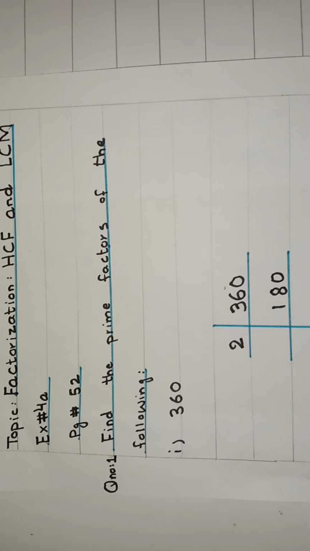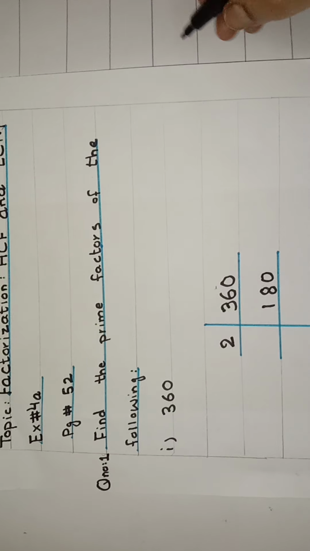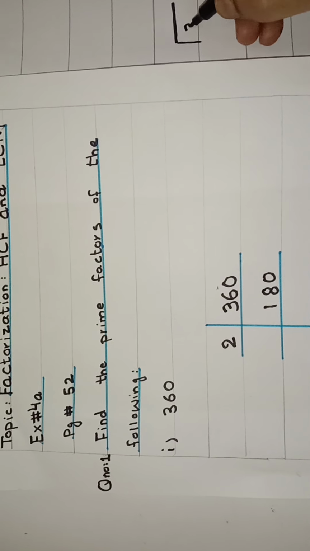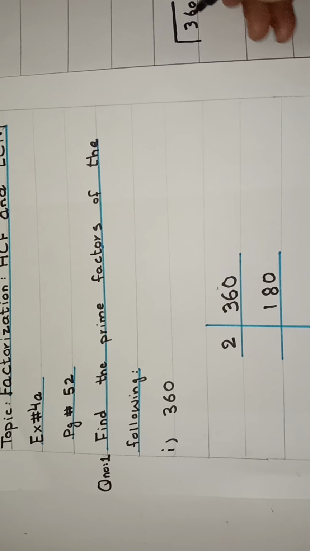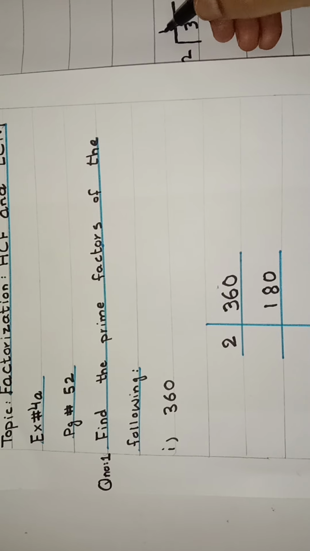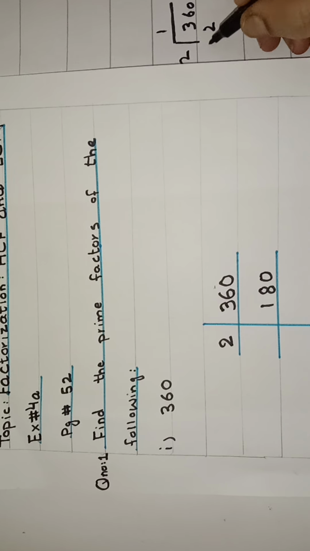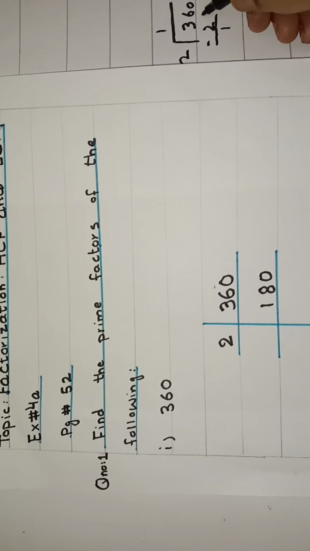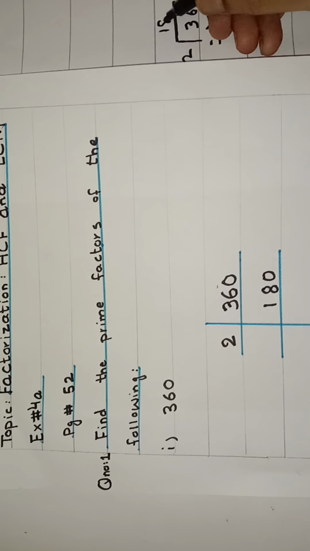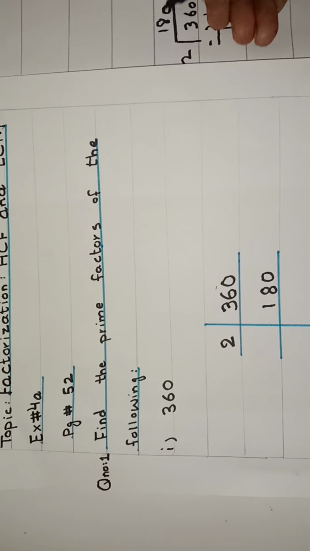If you can't do this kind of direct division, you can just divide 360 by 2 through a simple procedure. 2 threes are 6, 2 sixes are 12, and then 2 zeros are 0.